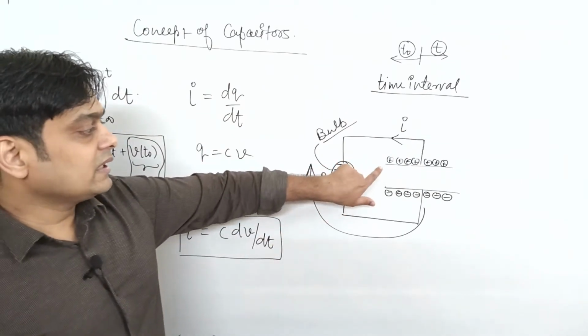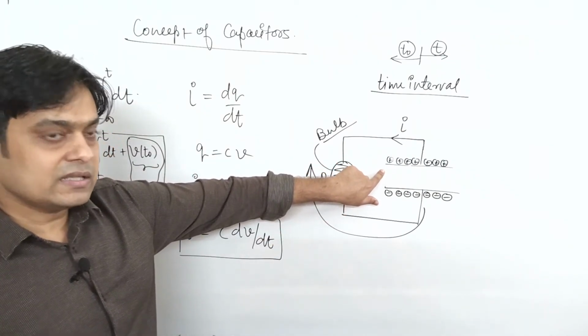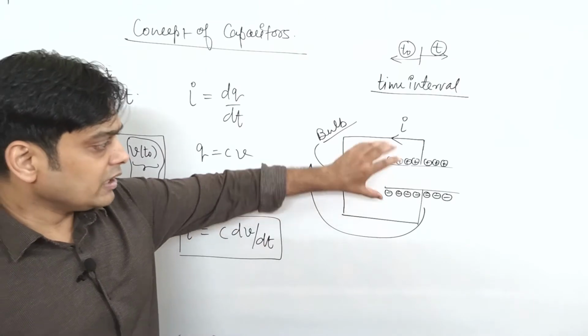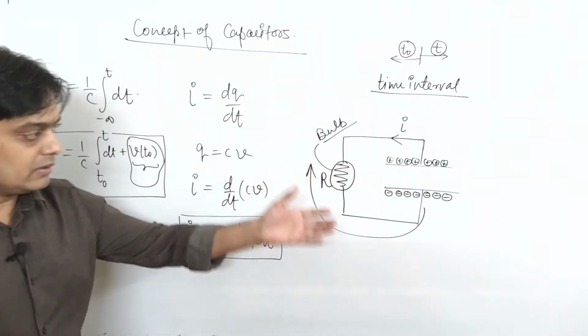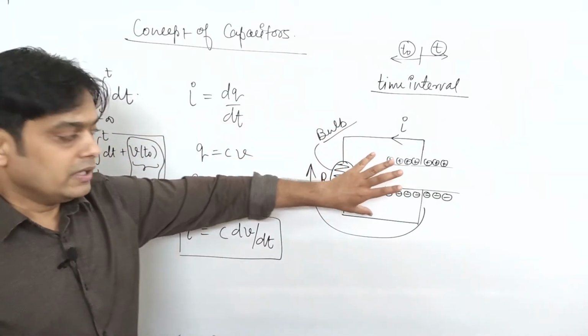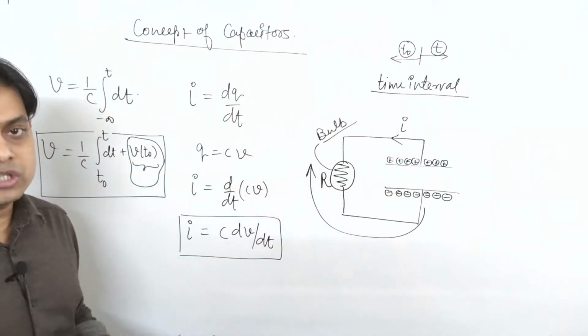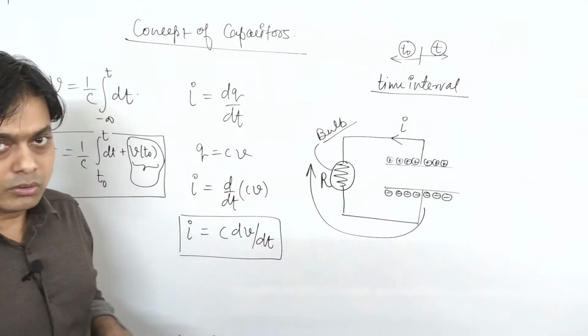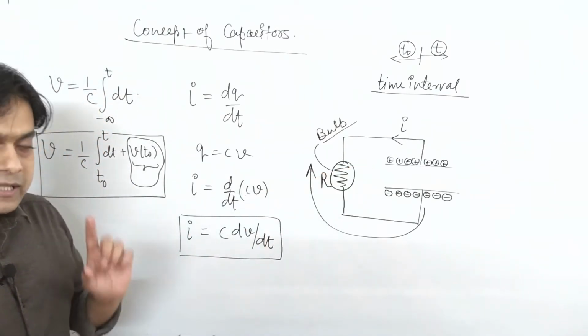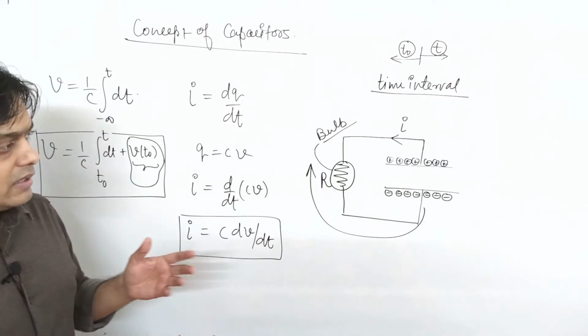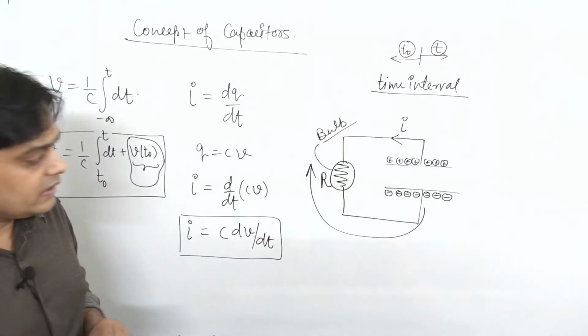That's why the capacitor does not dissipate energy, rather it stores energy, and when it is connected in the network, it delivers the energy to the other load. So the capacitor will not dissipate the energy, rather it stores the energy.